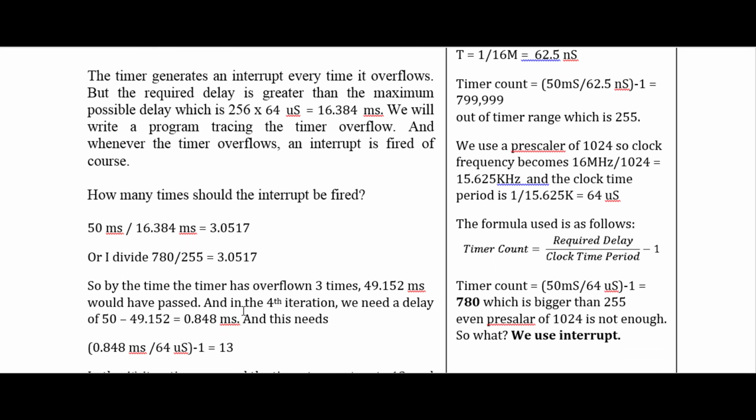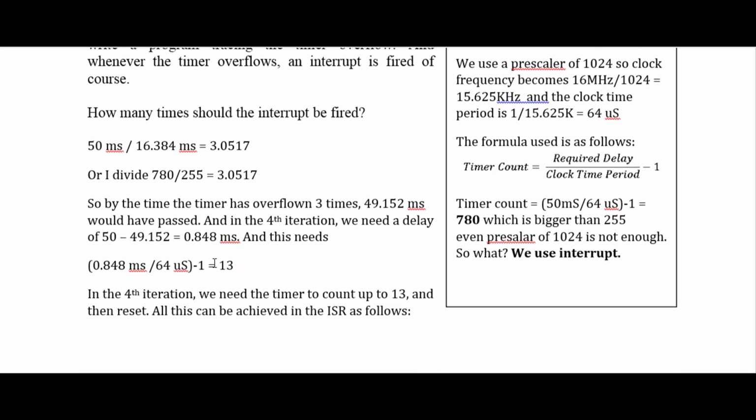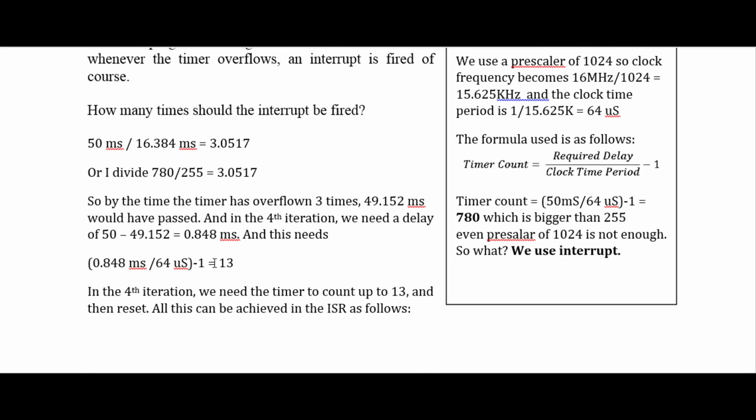By the time the timer has overflown 3 times, we will get 49.152 milliseconds. Just multiply 3 by 16.384. After 3 iterations of overflow, we need to calculate a small time to complete the delay to 50 milliseconds.